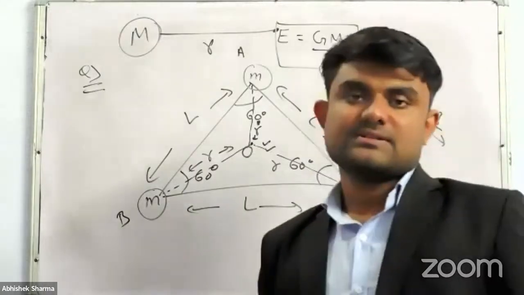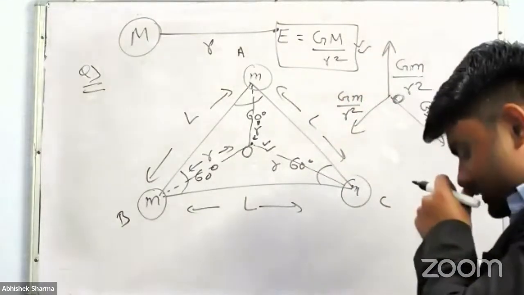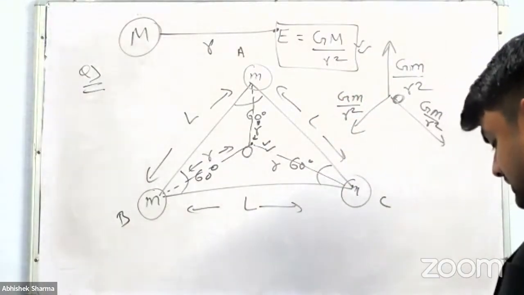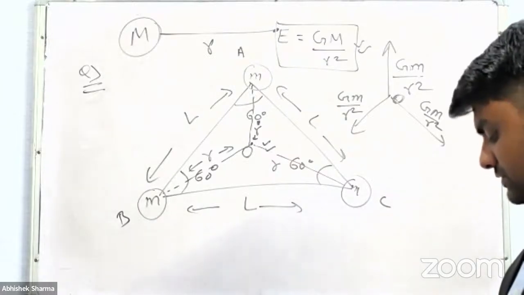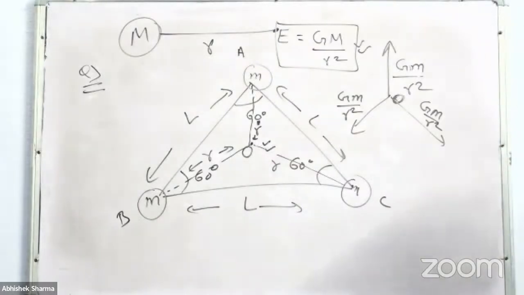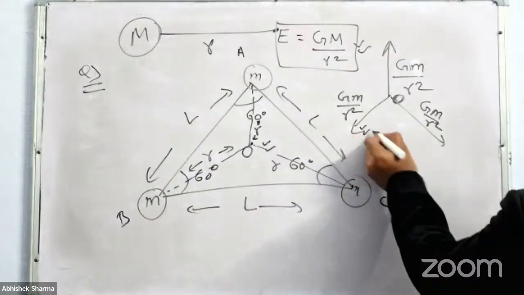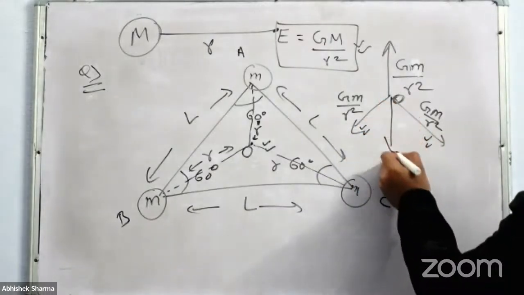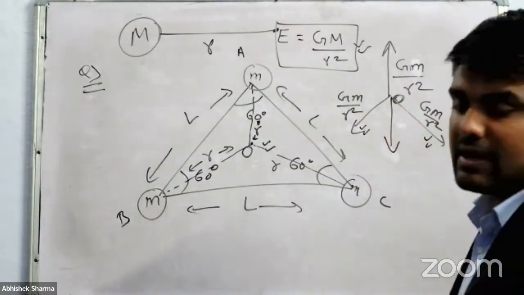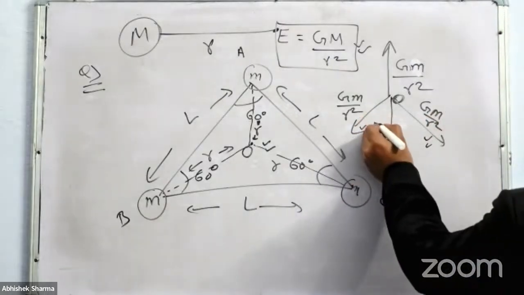If you solve this numerically using all the geometrical values, you'll find that the vector sum of these field strengths comes anti-parallel and also the same in magnitude.